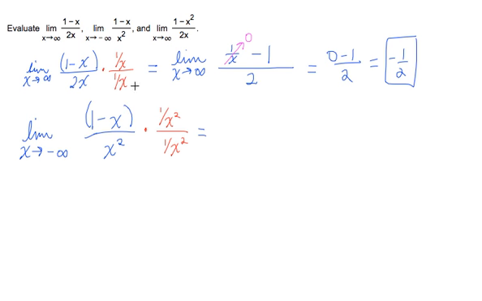So first is 1 over x squared times 1, which is 1 over x squared. Carry the limit along. So 1 over x squared minus x times 1 over x squared. One of those x's cancels, so we're still left with 1 x in the denominator. All over, in the denominator, x squared times 1 over x squared is 1.